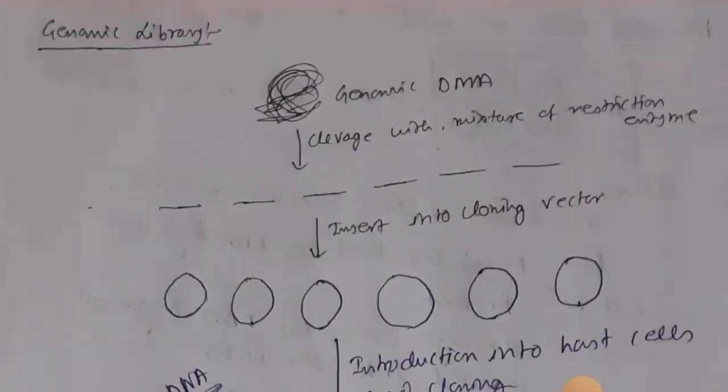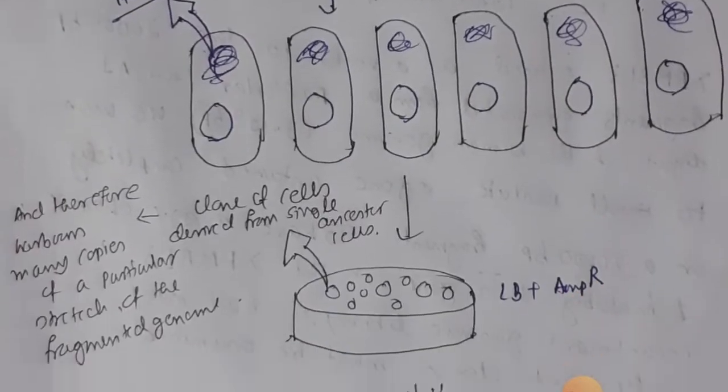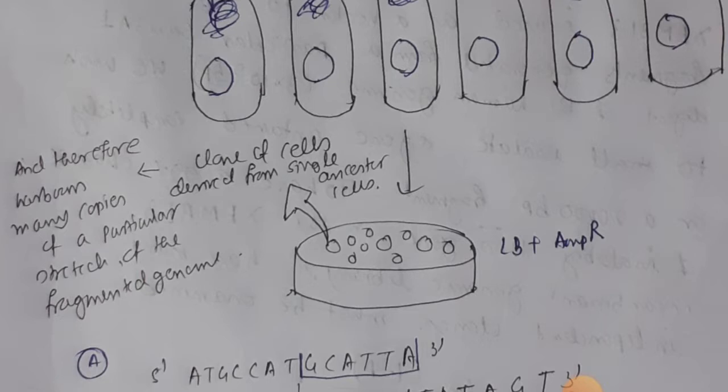That means whenever we need them, we can study them. That is the idea why we are preserving, or taking a collection of, a particular organism's entire genome. Similarly, let's say about a human genome. Let's say a particular genetic disease is observed in a particular individual.